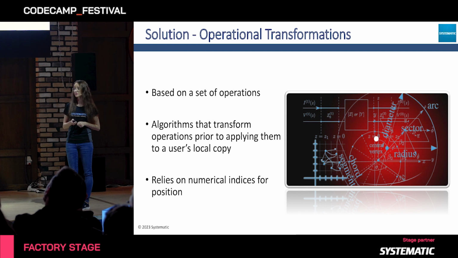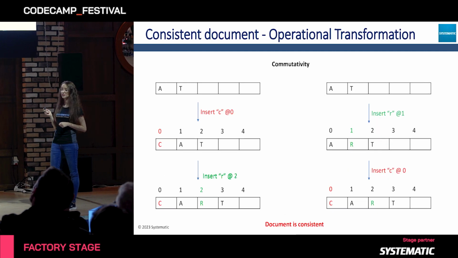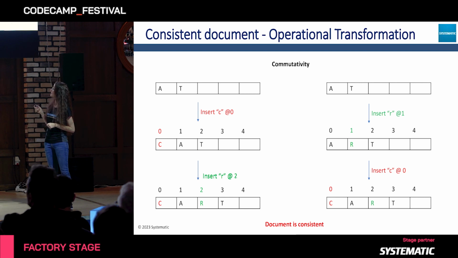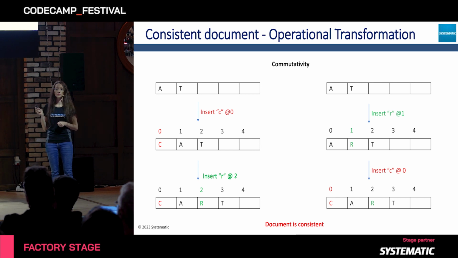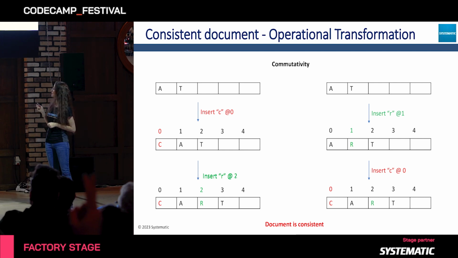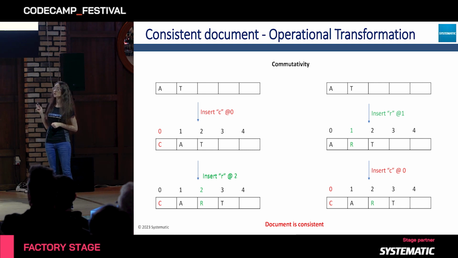Let's return to the first example for the commutativity part, the insert operation. We started by having A and T for both users. We inserted C at position 0 for the first one, and inserted R at position 1 for the second user. So everything is still fine so far. What happens when we receive the notification from user 2 to user 1?